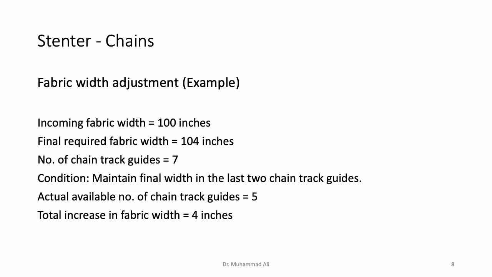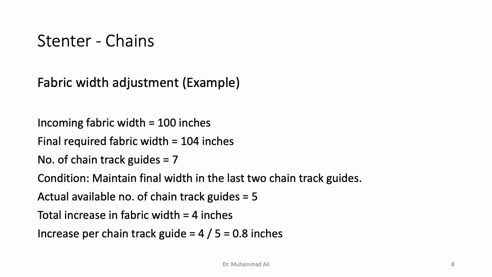Using this information, we can calculate how much fabric width can be increased on every chain track guide. It is important to understand that the overall change in the fabric width that we are trying to achieve cannot be achieved in a single step. So it has to be done gradually. And that is why we try to distribute the overall increase in the fabric width or decrease in the fabric width over the number of chain track guides that are available to us for this purpose.